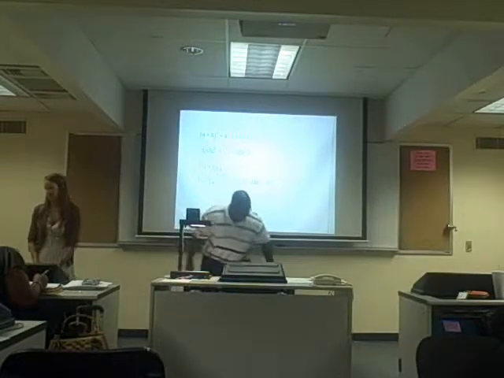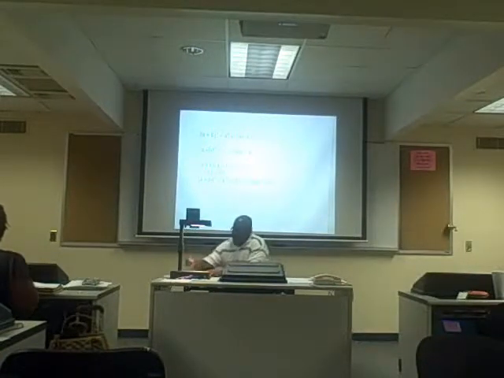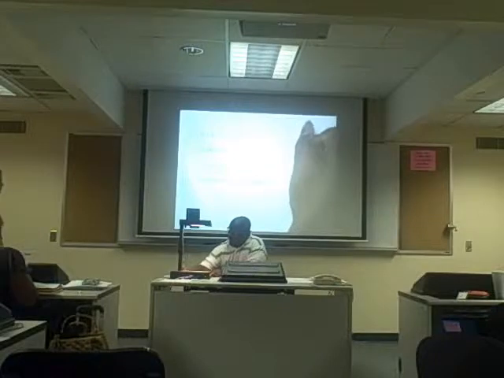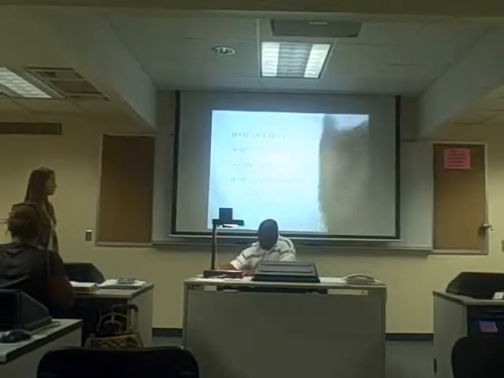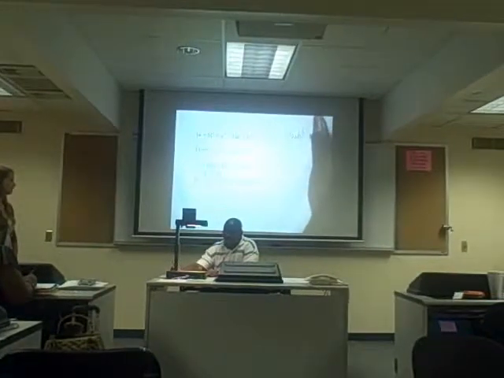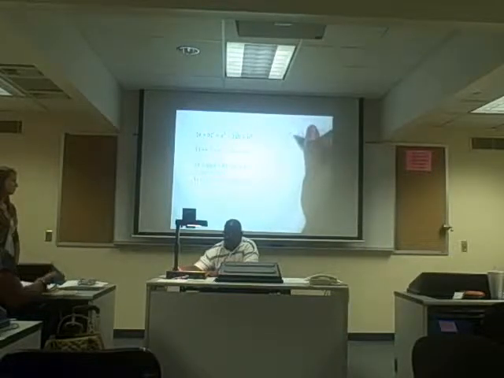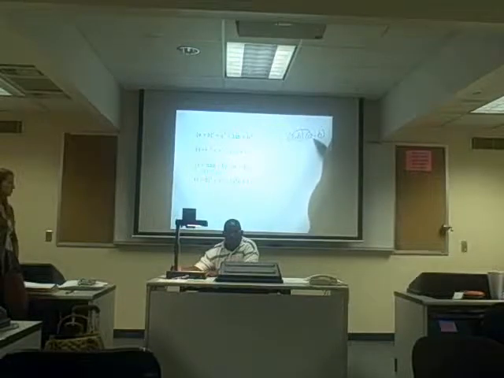Based on the premise of the distributive property or the FOIL method, if you have the quantity of a plus b times the quantity of a minus b, the first step was a times a. Are you with me? Yes.